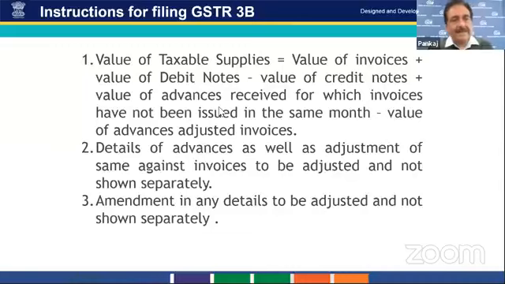It should be adjusted, and the composite net figure should be shown in the relevant GSTR 3B table. And if there are any amendments of any detail, the adjusted amount is to be entered, because there are no provisions for these adjustments to be shown separately in filing GSTR 3B.